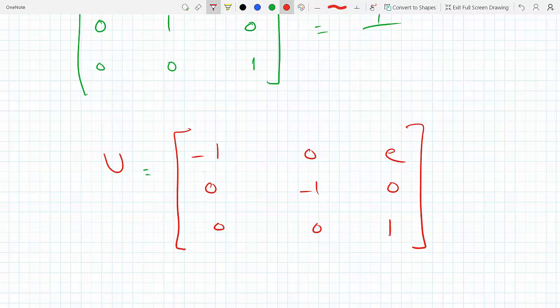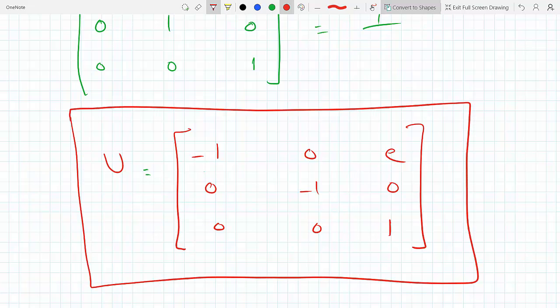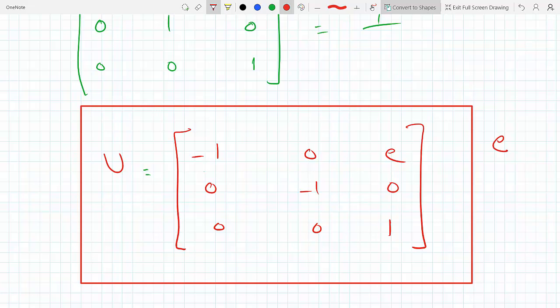That does it. E can be any real number. You can even choose E to be 17.7 if you like. That concludes this interesting problem.